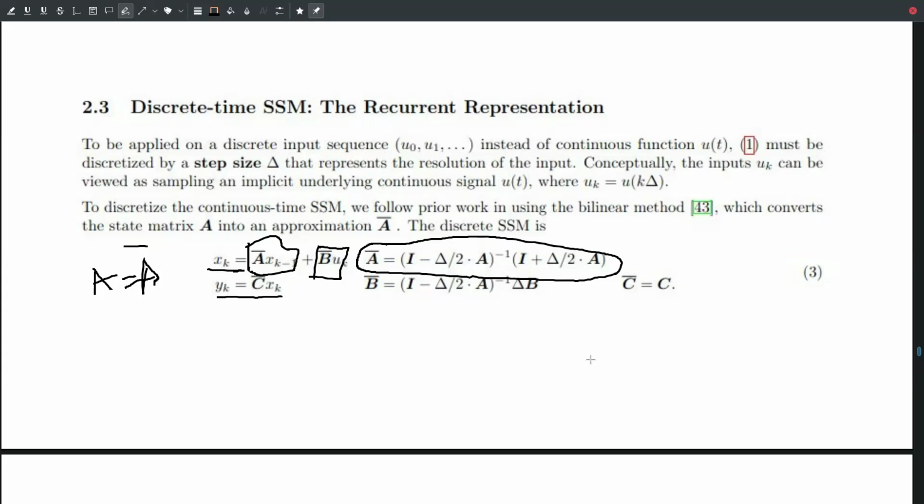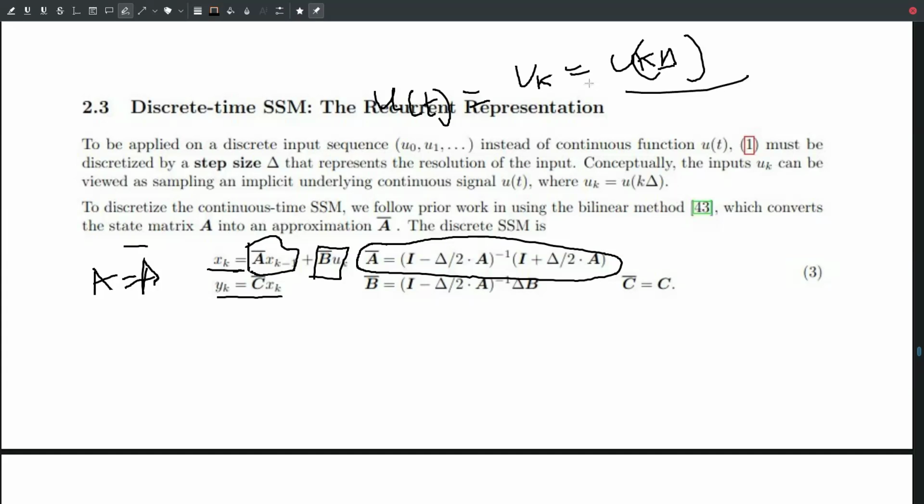So first, you take the input sequence, let it be u, and you discretize it. I'm talking about the case of continuous state. So you discretize it, and uk will be some kind of function up to the delta parameter.